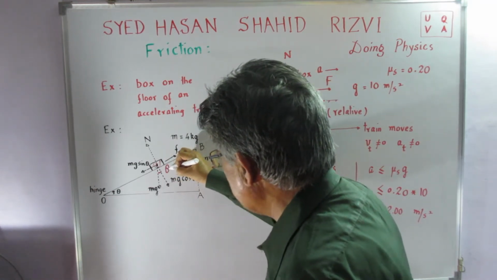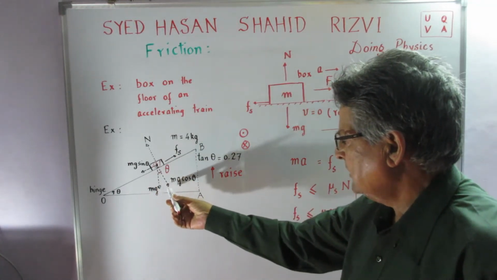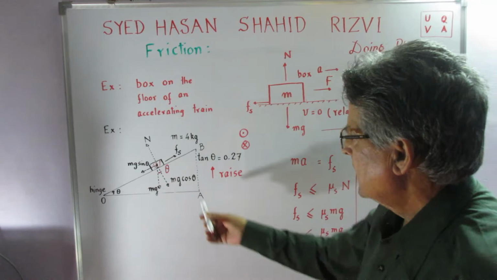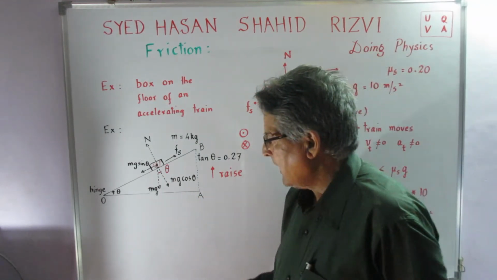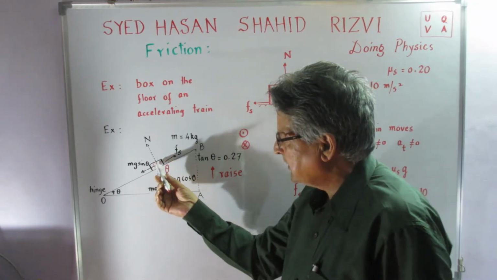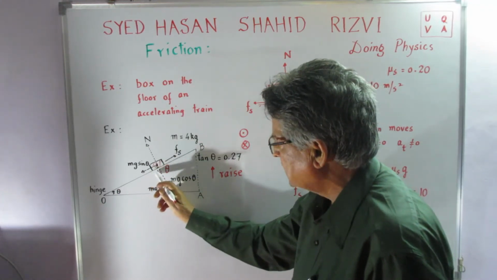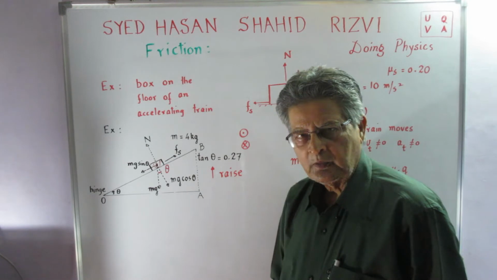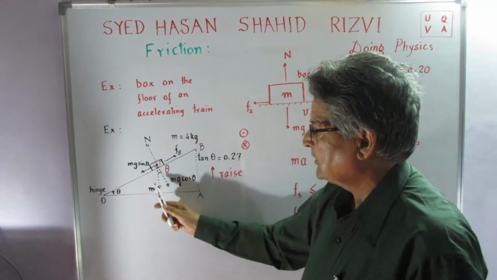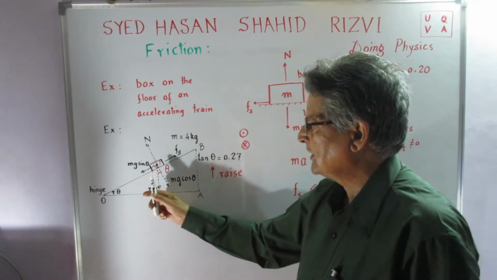So then I resolve in this direction, and it comes out to be equal to mg into cos of theta. And as I told you before, the resolved part in the perpendicular direction over here, because this angle is theta, this angle becomes equal to pi by 2 minus theta. So by the definition of resolved parts, the resolved part in this direction is equal to mg into cos of pi by 2 minus theta, which is nothing but sine theta.